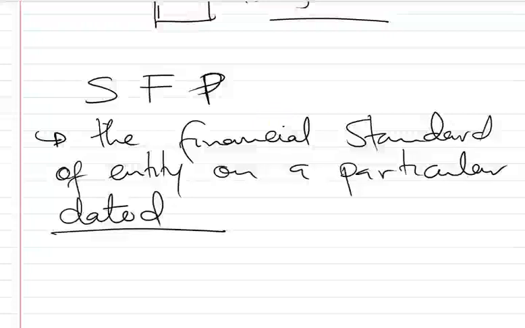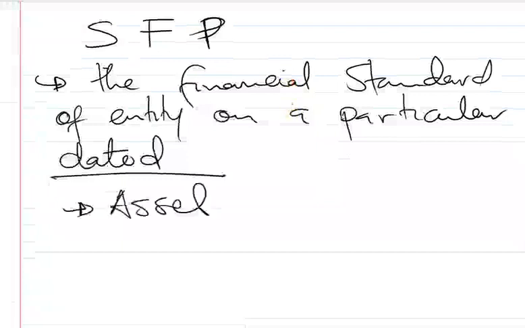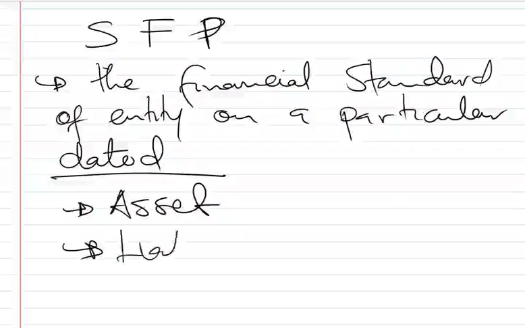So we want to see how many assets a company has on a particular date, how many liabilities a company has on a particular date, and how much capital or equity a company has on a particular date. That's to do with financial position.